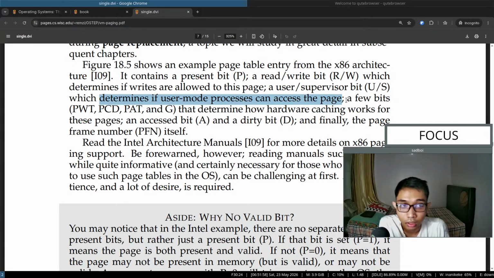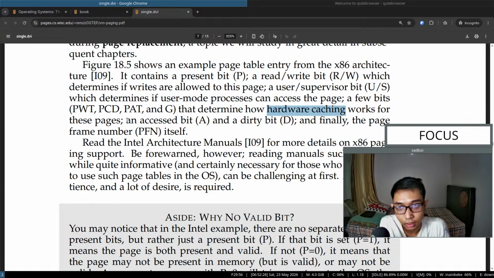A few bits: PWT, PCT, PAT, and G, that determine how hardware caching works for this page.